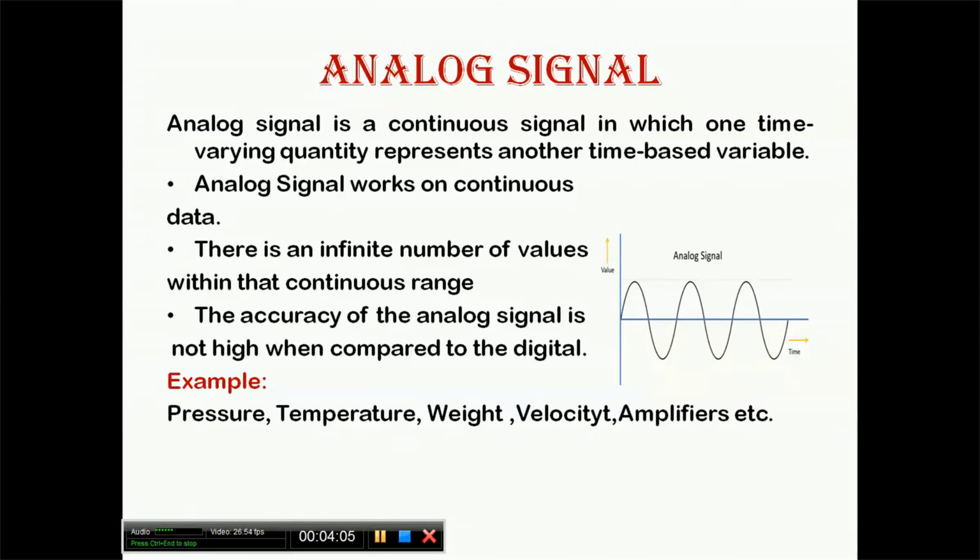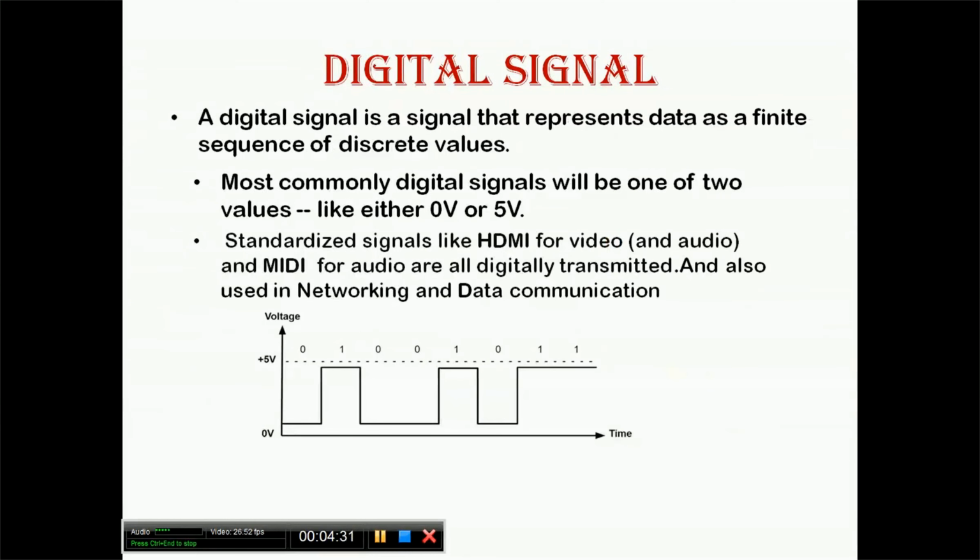Now the accuracy of the analog signal is not high when compared to digital signals. So that is the point where we come across digital devices these days. What are the examples of analog signals? It could be pressure, temperature, weight, velocity, amplifiers, etc.